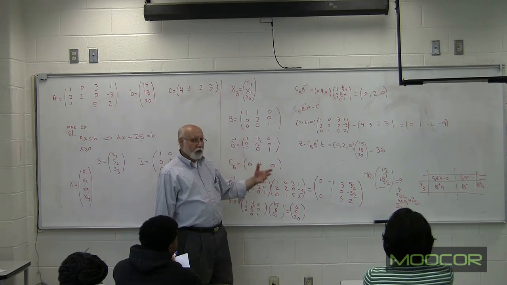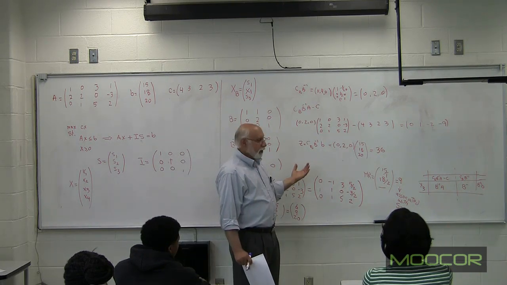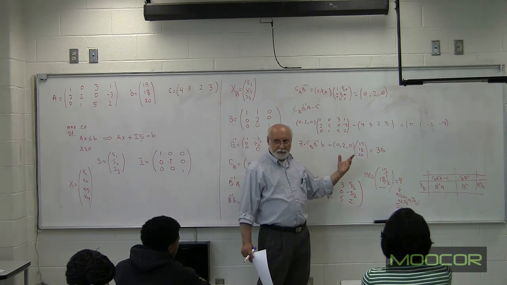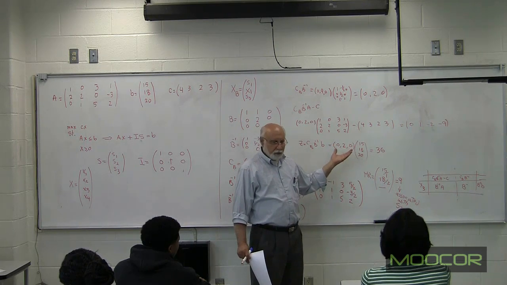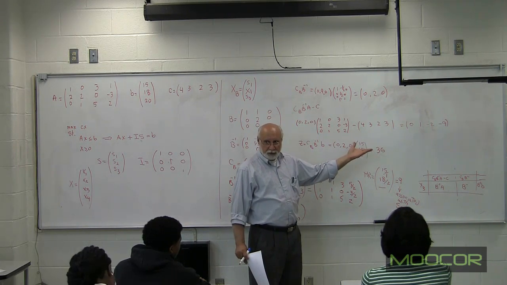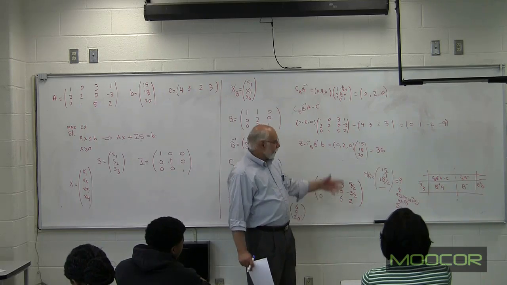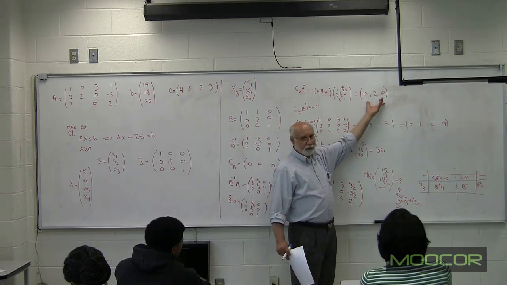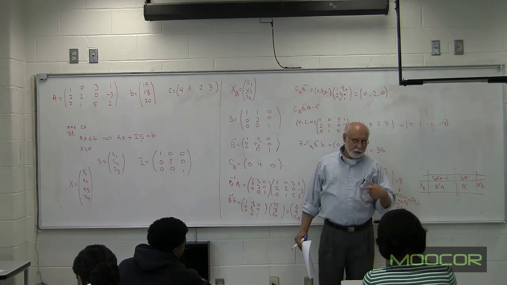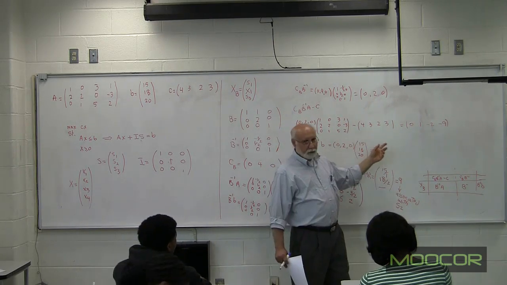Is this solution optimal? No. Why not? There's a negative value in CBB inverse A minus C and or CBB inverse. In this case, CBB inverse doesn't have any negative value. What is your entering variable?